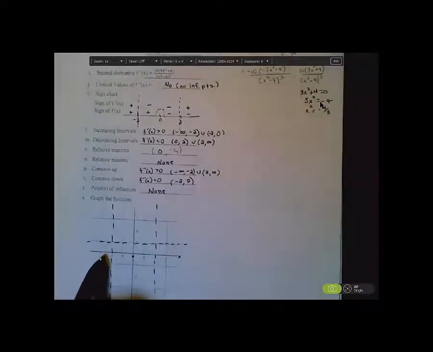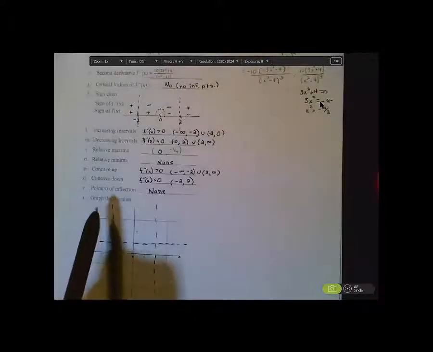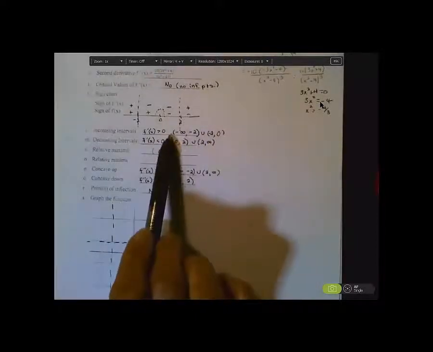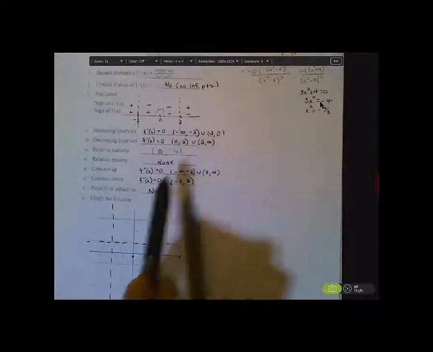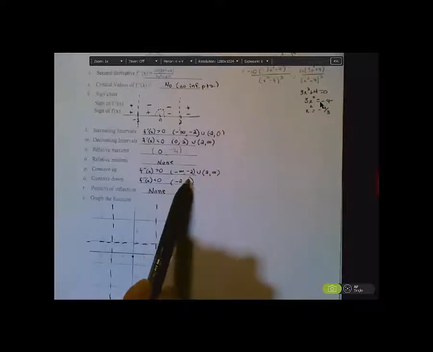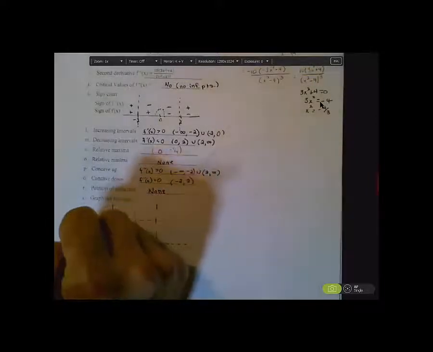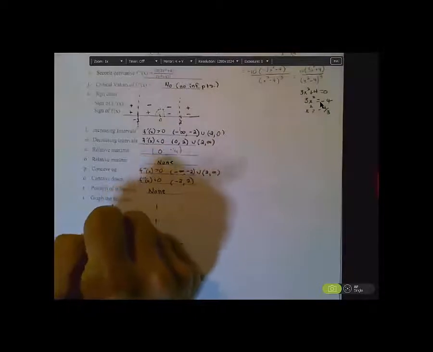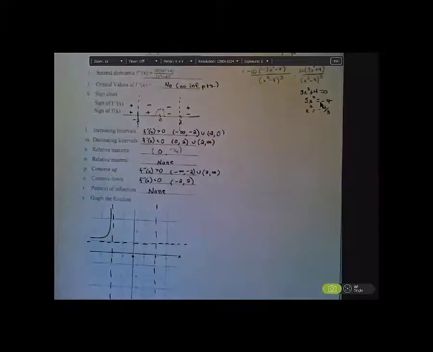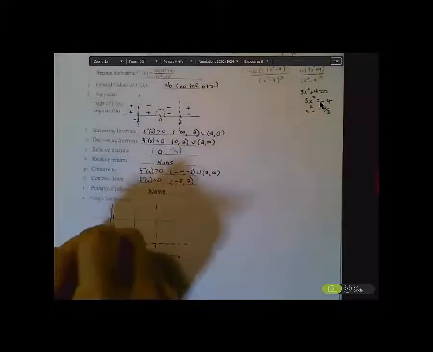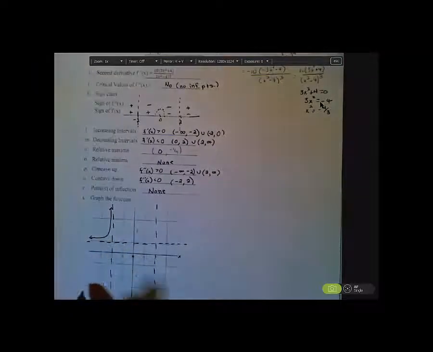It doesn't have an x-intercept. So the graph has to be above, and from -∞ to -2, the graph is increasing and concave up. So what does increasing and concave up look like? That's what the graph looks like to the left of -2.